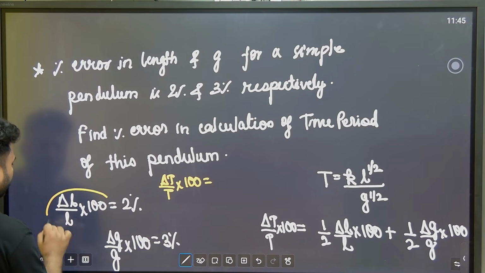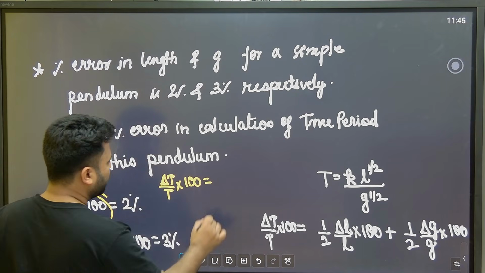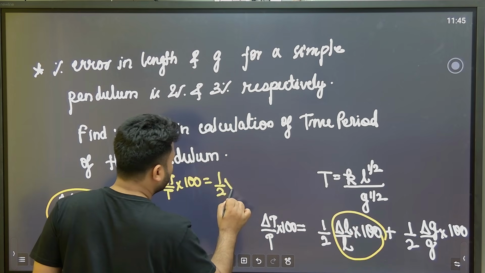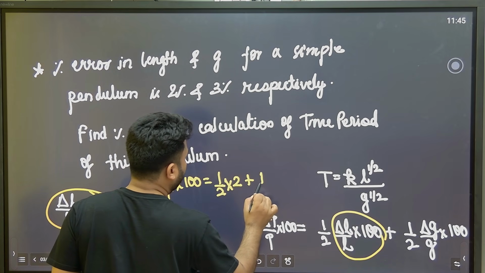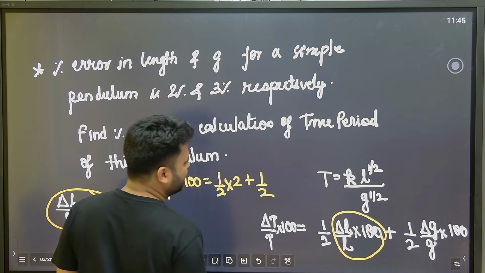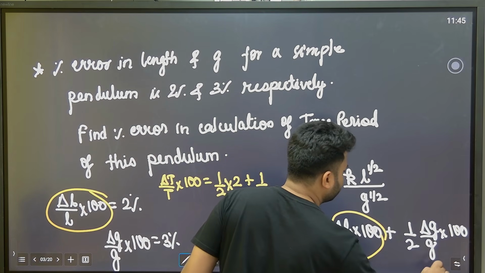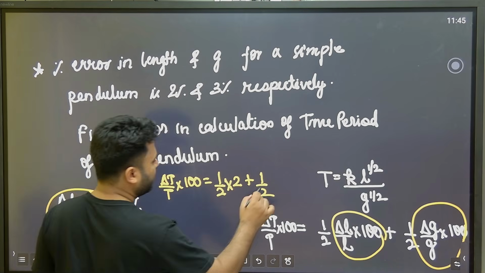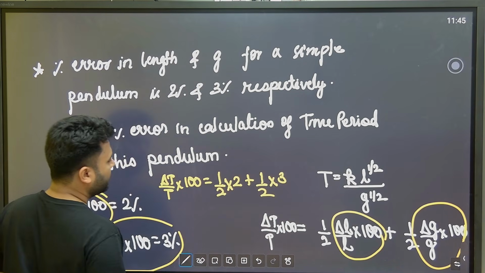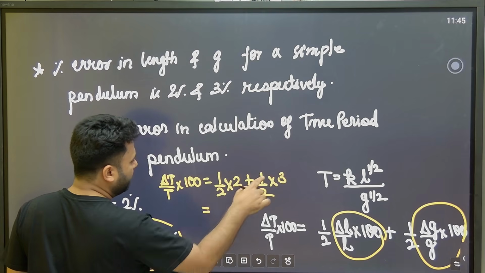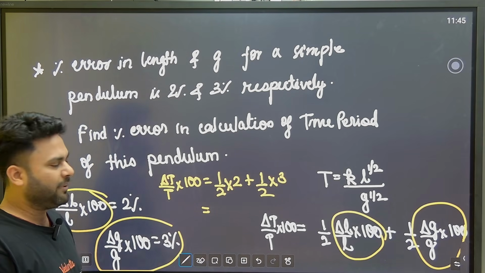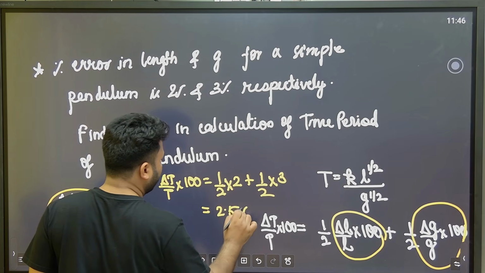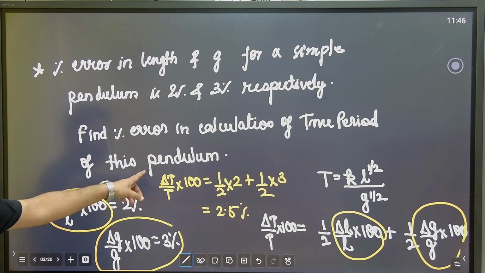Delta L by L into 100 is 2%, so half into 2, plus half, again half, delta G by G into 100. Delta G by G into 100 is given 3. So 2 cancels: 1 plus 3 by 2. 3 by 2 is 1.5, plus 1, that is 2.5. 2.5%, delta T by T into 100.